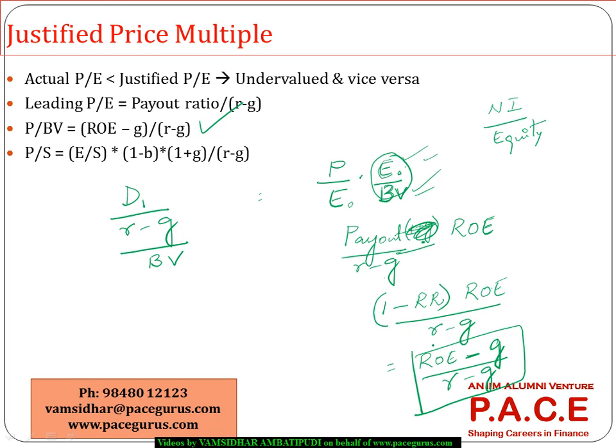So all I need is the return on equity and the growth rate. If I know the forecasted return on equity, the predicted growth rate and the predicted required rate of return, I can work out the target P by BV multiple for this company, and once I know the BV at a future point in time, I can find out the target price for it.